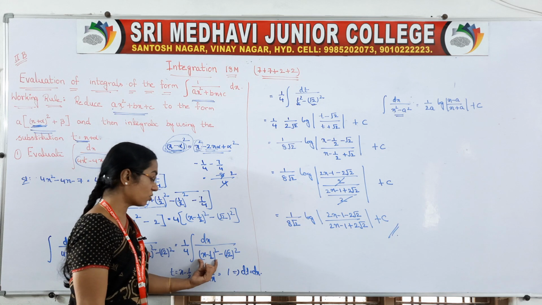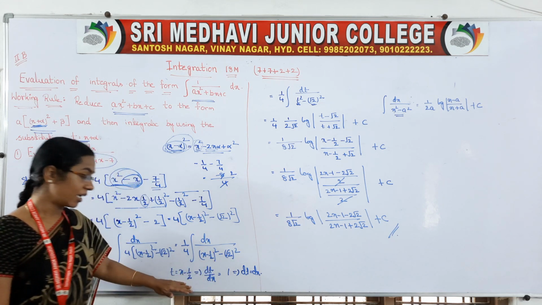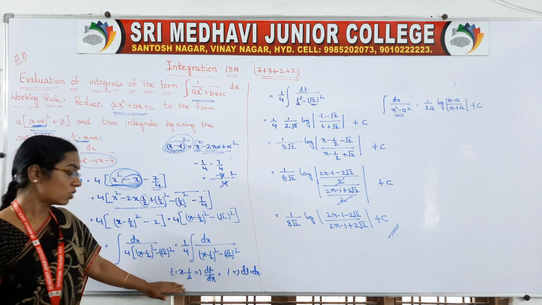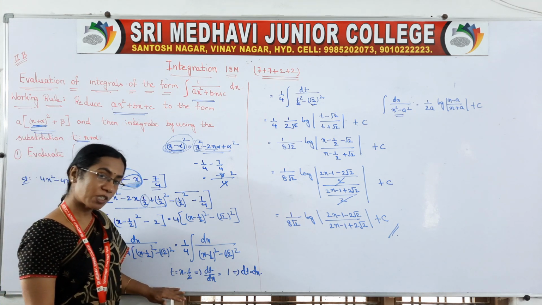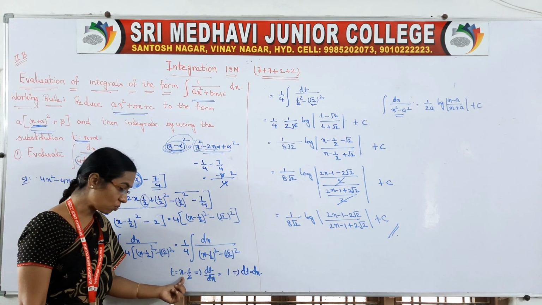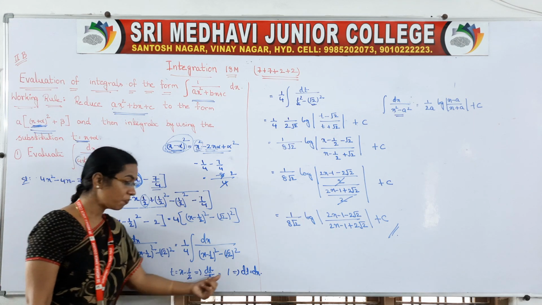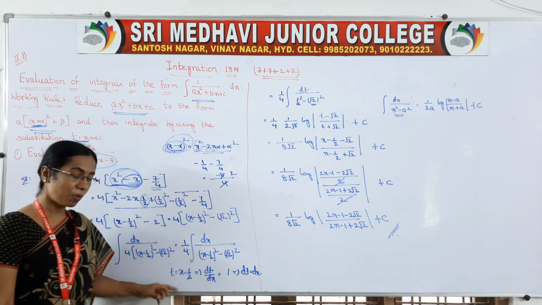But instead of x, we are having x minus 1 by 2 whole square. In such cases, in its place we will take a t, so that differentiating with respect to x on both sides, dt by dx, d by dx of x is 1, d by dx of constant is 0. So 1 minus 0, 1 only, right? Getting my point?